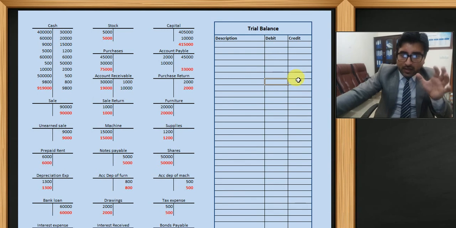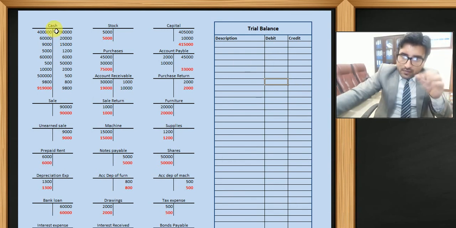So now, right from the beginning, we start to post all these values, transfer all these balances. The debit balances are to be transferred into the debit side, and the credit balances into the credit side. But first you have to mention the accounts.